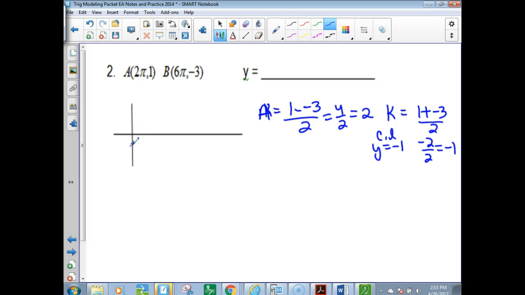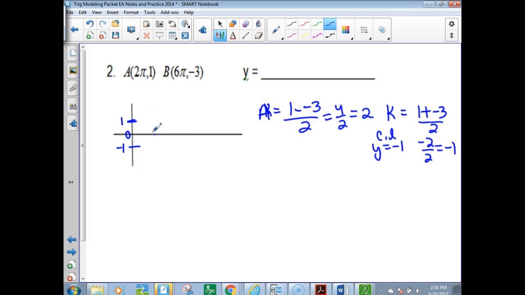Now, if your center line's at negative 1, I am going to put 0 on the x-axis. That's where I want to label things. From there, I have to go down 1, and the amplitude was 2. So up 2 from there would put us at positive 1 for the high point, which is what they said the max is at.